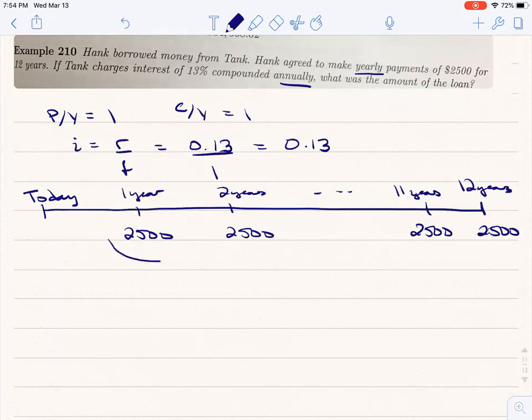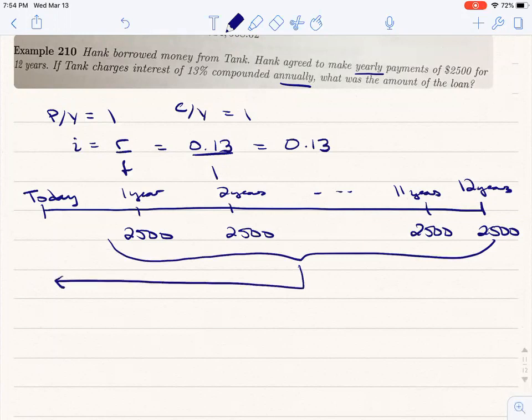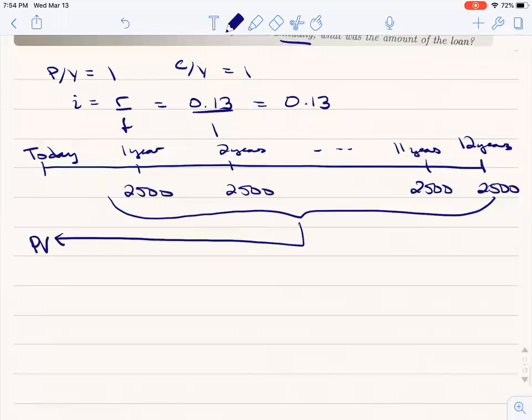Here, we're going to funnel these payments back to some present value. Same deal here: N is time times the frequency, where the frequency is the payments per year, which is 1. Time is 12 times 1, which is just 12.